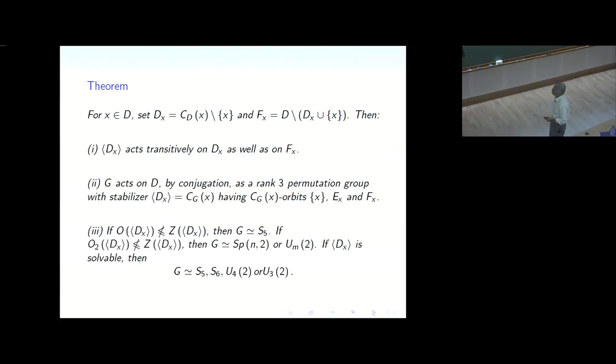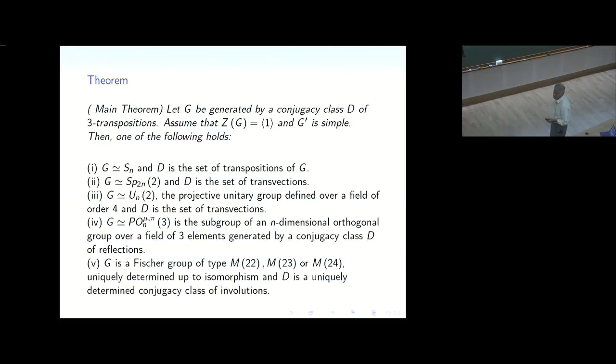This is the main theorem of rank 3. It's a transitive permutation group in which the stabilizer of a point has 3 orbits. And this is the first main theorem of Fischer.